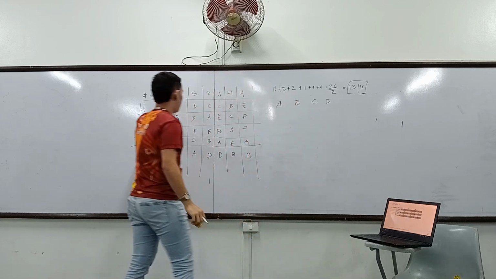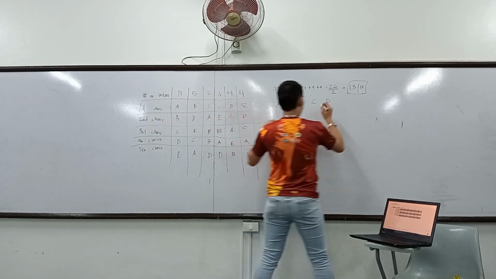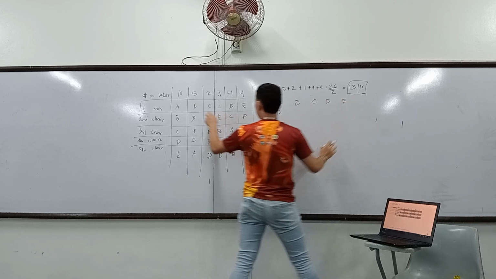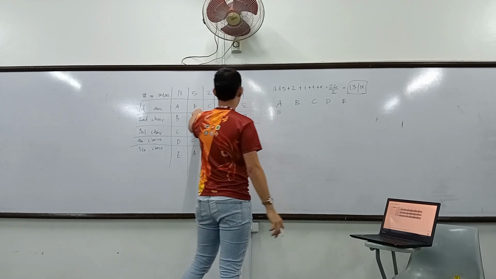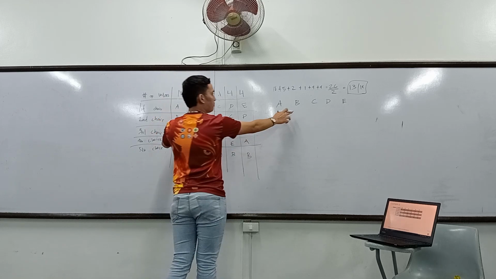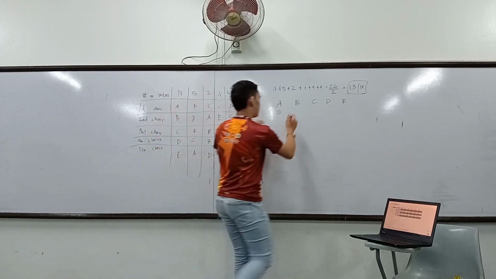So candidate A got a total of 10 votes. Candidate letter B got a total of 5 votes.